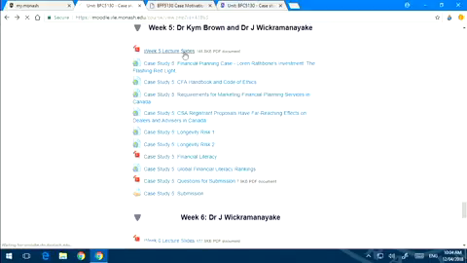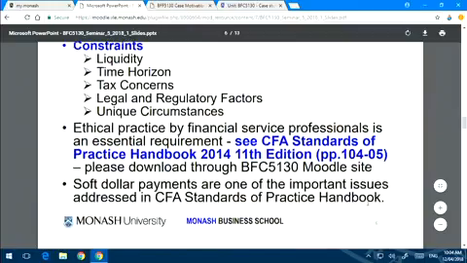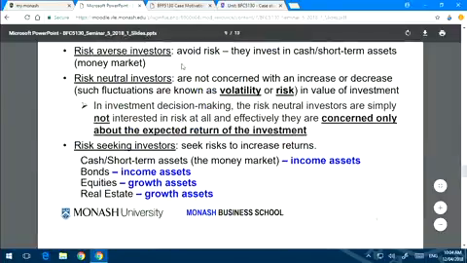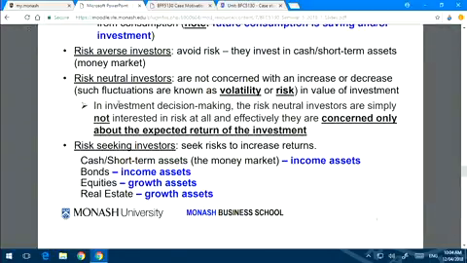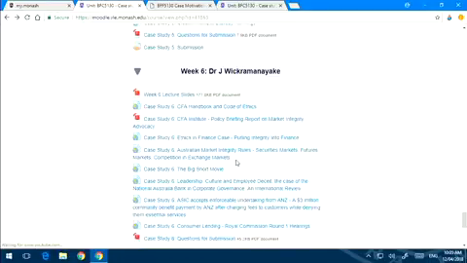Slide number 9. This is the area I have added the explanation for risk-neutral investors. If you look at previous slides, it was just 1 line, and I have brought in a little bit more information there. So please download last week's lecture slides, please. Okay, here we go.